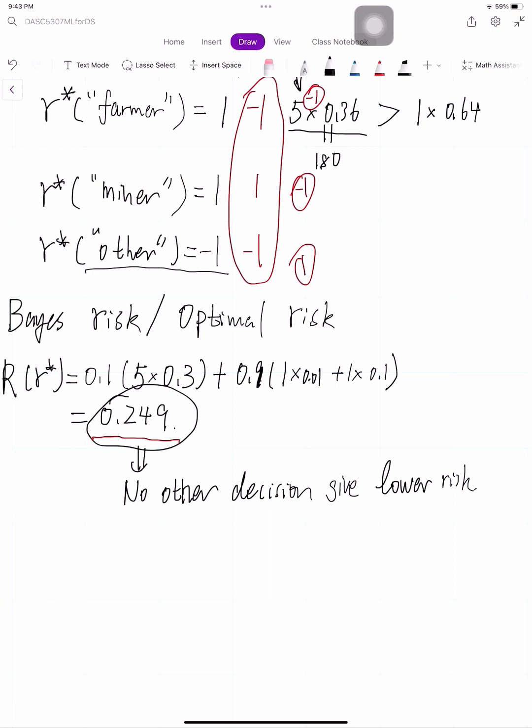For example, if you give another classifier, for example, you classify the farmer with no cancer, the miner with cancer, and other job with no cancer, you can calculate again by following. I will leave this as a practice for you. This risk will be higher than 0.249.